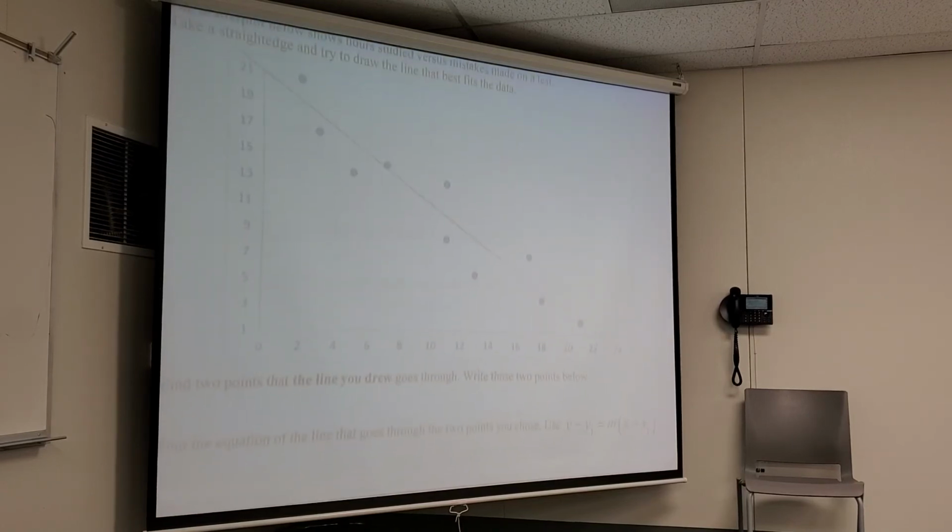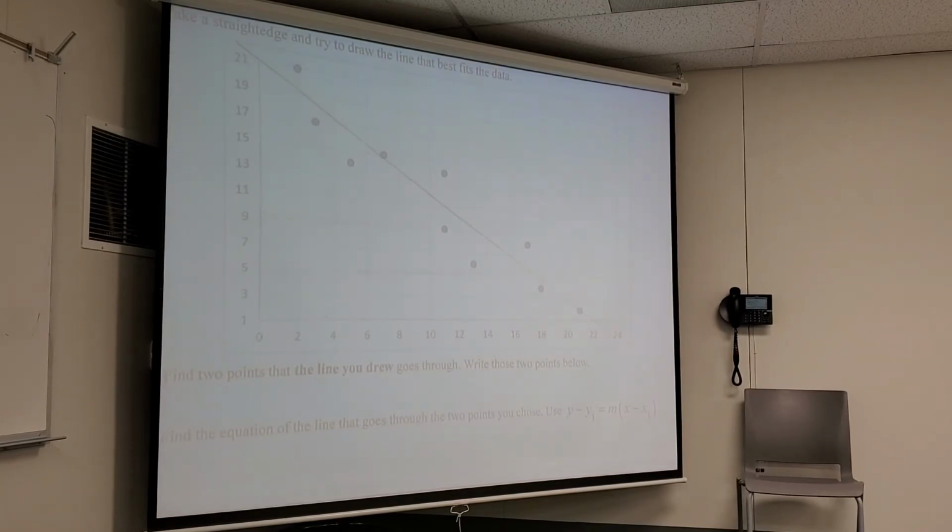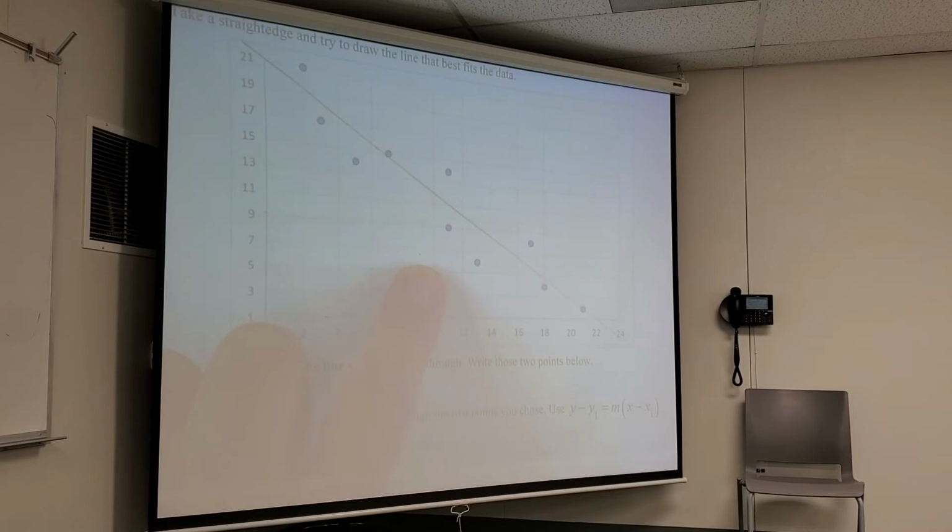It doesn't have to look exactly like mine. You don't have to go through any of the actual little blue dots on there, right? Mine happens to go through that one perfectly.